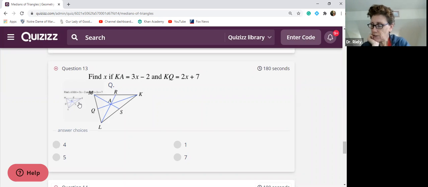Okay, so my desire is to have the x's on one side and the numbers on the other side. So this time I'm going to add 2 to both sides. That gives me 3x equals 4x over 3 plus 14 over 3 plus 2.